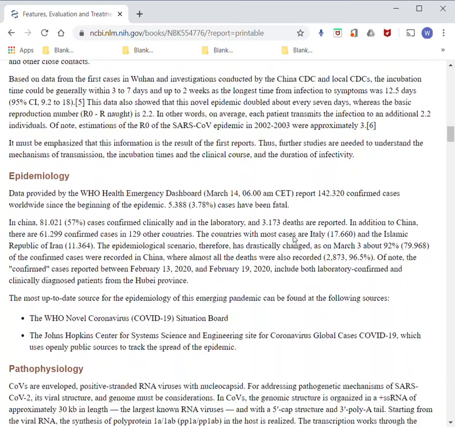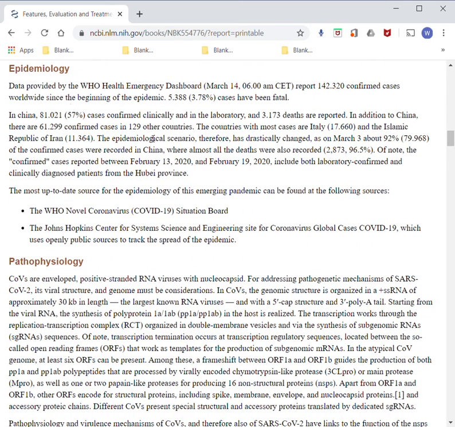So let's move to the next part. I want you to be able to tell me about pathophysiology. So right here it says go down to the pathophysiology section. So you're looking past epidemiology.